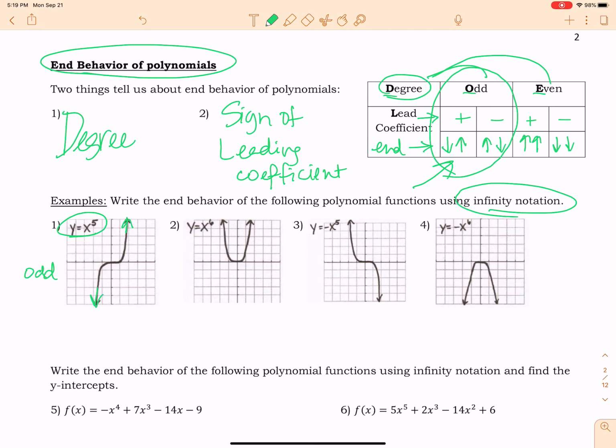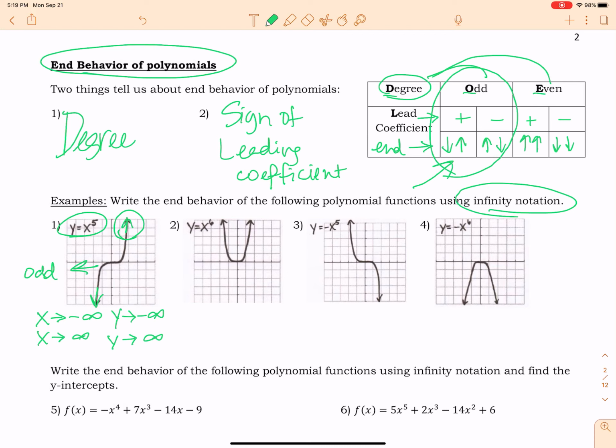So what's happening as far as the infinity notation, this way is negative infinity for x. So as x approaches negative infinity, y is responding by also approaching negative infinity. And then up here, x is approaching positive infinity, y is approaching positive infinity as well.